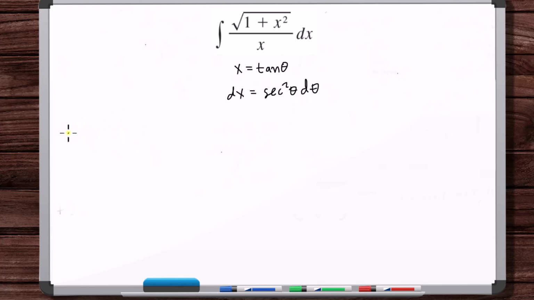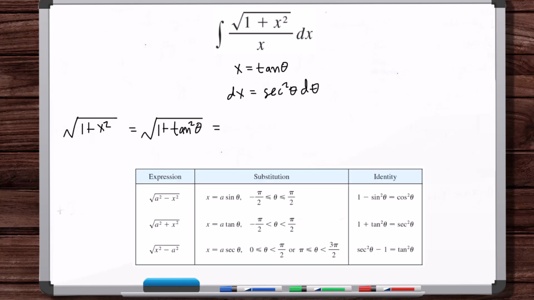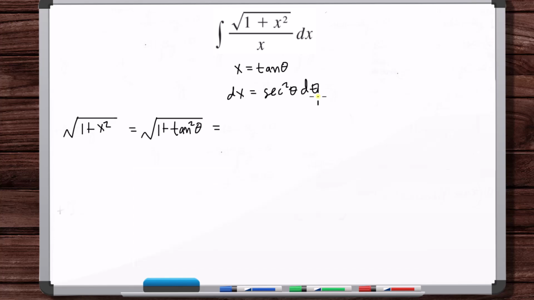Okay, so we've got 1 plus tangent squared theta. 1 plus tangent squared theta is secant squared theta. And then we don't have to put absolute value, we can just put secant theta.